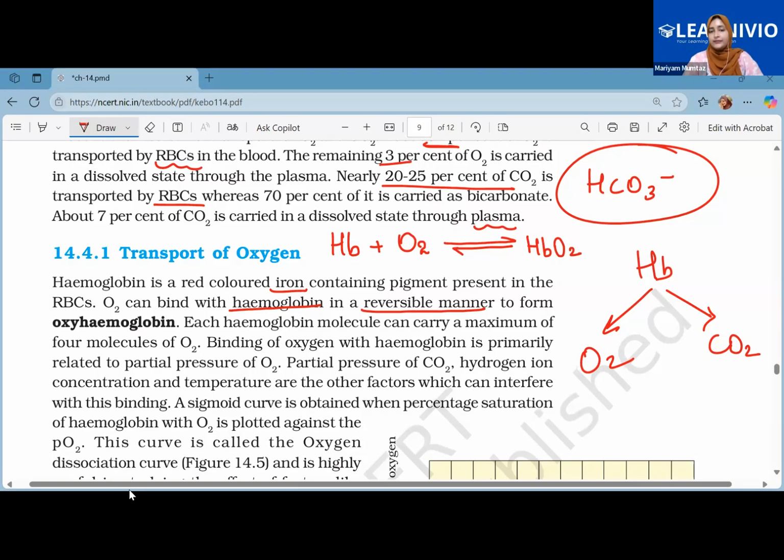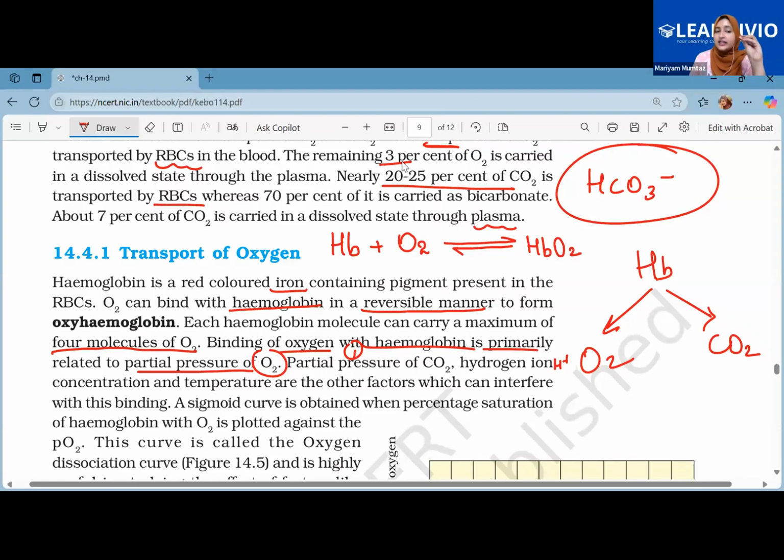So hemoglobin can carry a maximum of 4 molecules of oxygen. Binding of oxygen with hemoglobin is primarily related to the partial pressure of oxygen. What are the factors that affect the binding of hemoglobin with oxygen? First of all, the partial pressure of carbon dioxide, then the H plus ion concentration and the temperature.